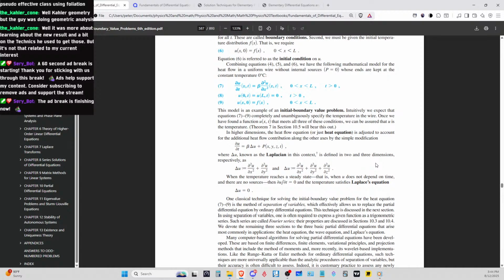Now here's the Laplacian. Do they show the Laplacian equation? When the temperature reaches steady state, that is, when U does not change over time and there's no source, then du over dt is equal to 0, and the temperature satisfies the Laplace equation.